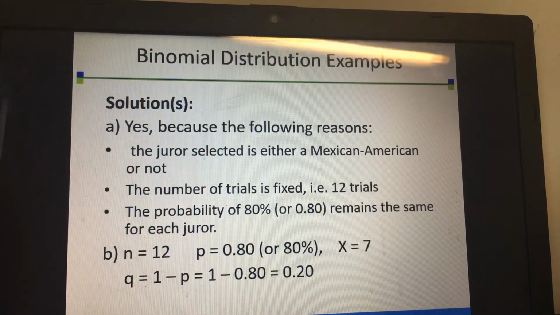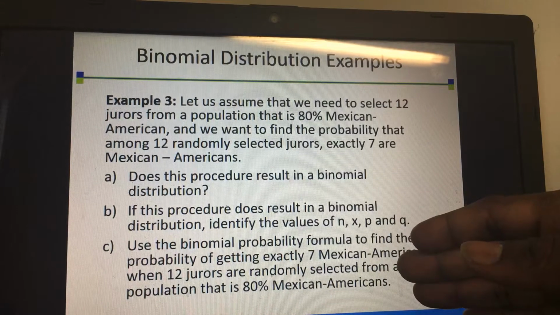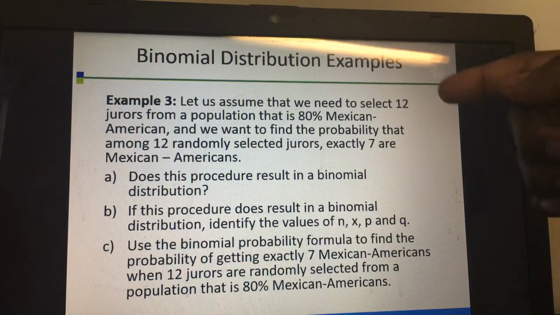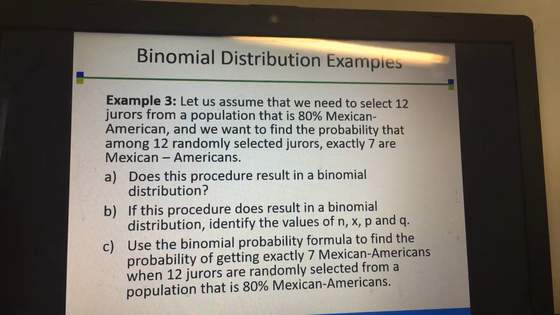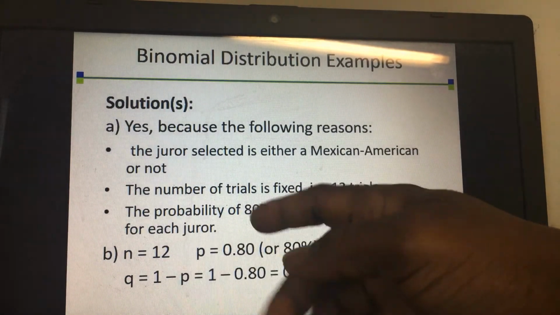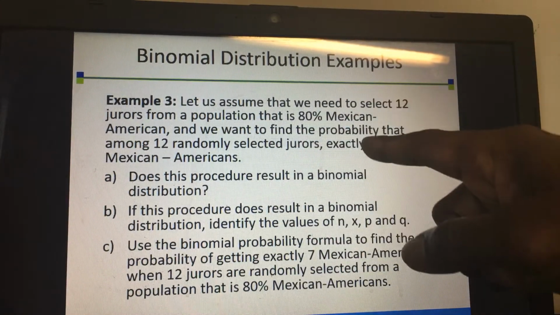Number two says, if the procedure results in binomial distribution, identify n, x, p, q. Okay. n is 12 jurors. Let's find out p. It's a population that is 80% Mexican American.